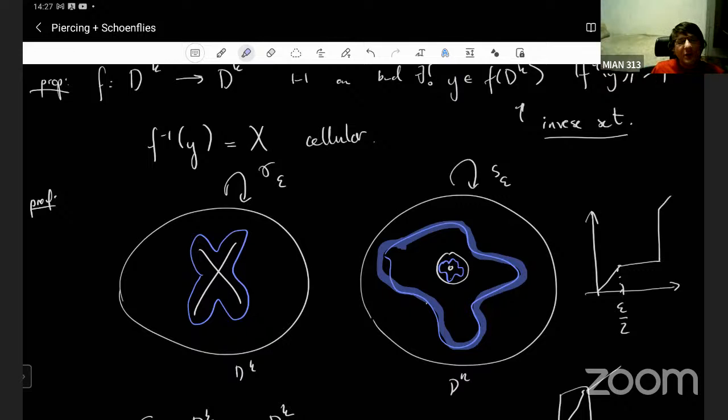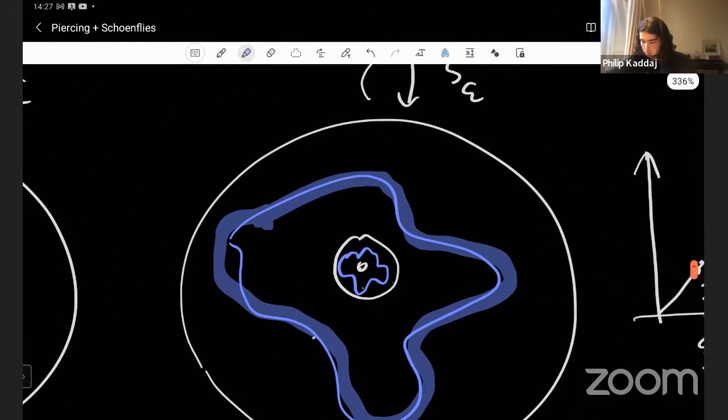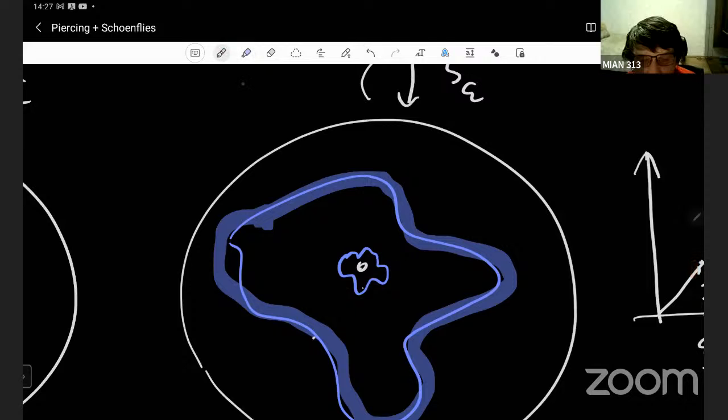But why? So why not just take balls around this point, which lie inside of this image? So we know that this point is the only point where, if you look at this white disk, which one? This one, yes.